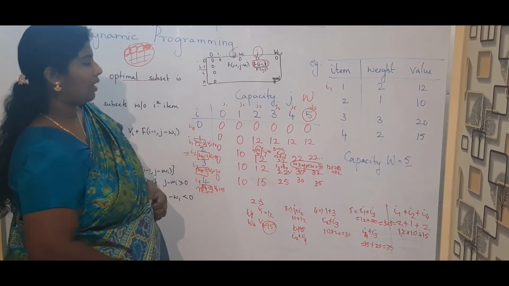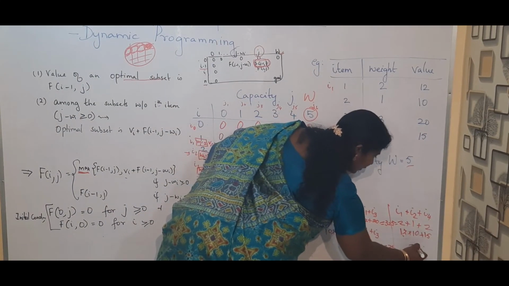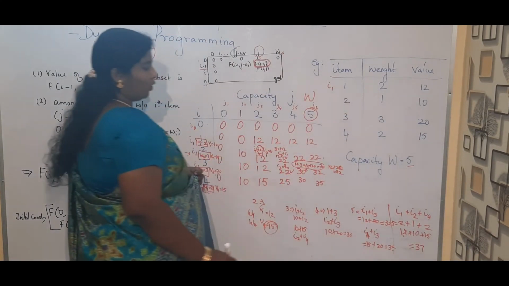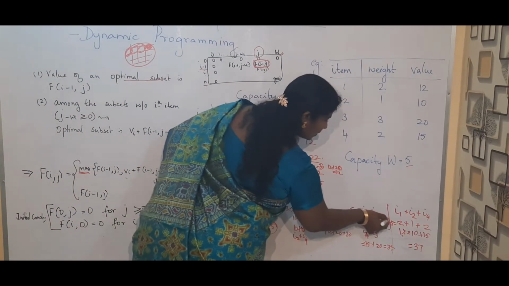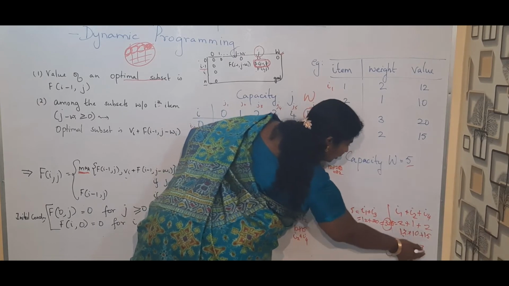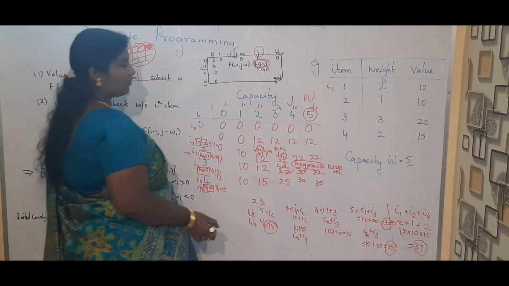So if I add 12 plus 10 plus 15, it is going to be 37. So now I have 3 different combinations for the capacity as 5.